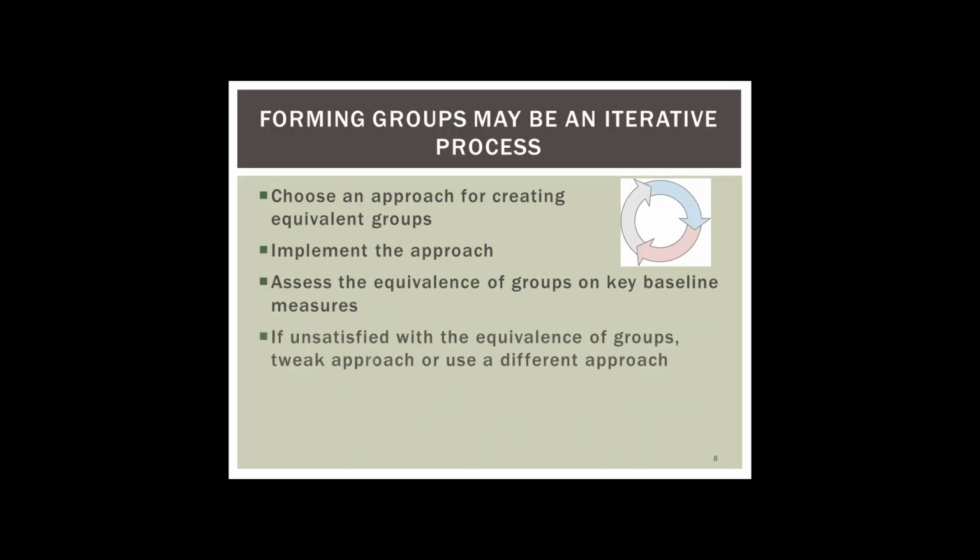If you're satisfied with the equivalence, then you're done and you can stop. But if you're not, then you probably want to do some tweaking: either change your matching method, change the variables you're matching on, or tweak something or other, and you'll keep going until you're satisfied with the equivalence between the treatment and the comparison group.